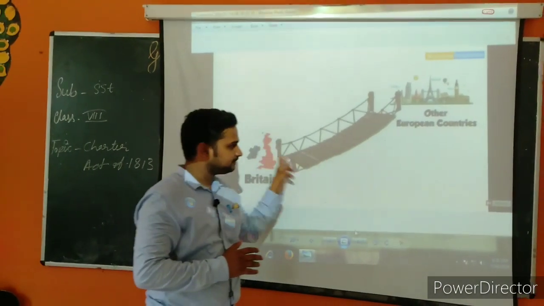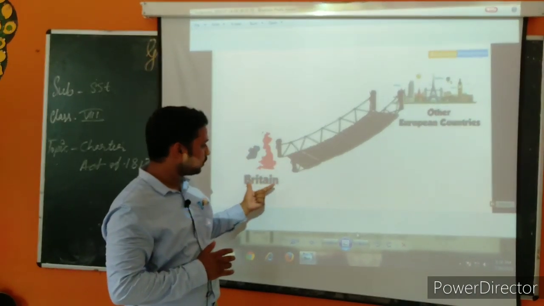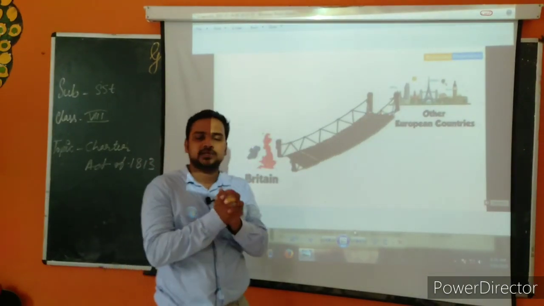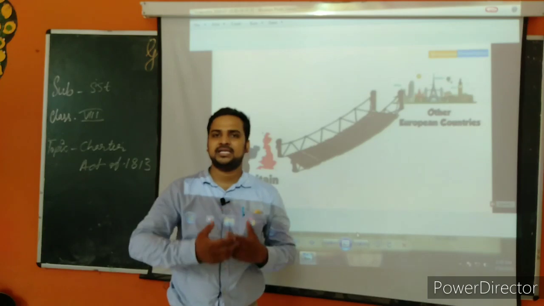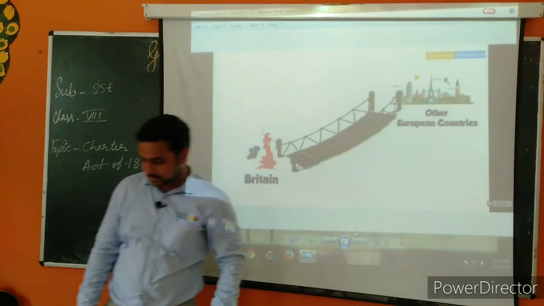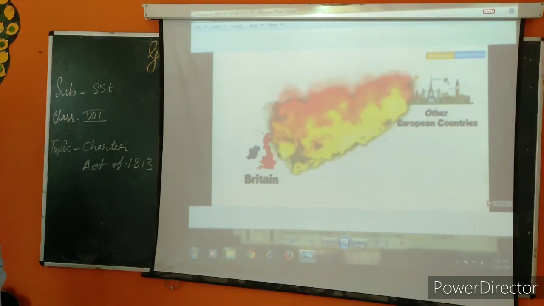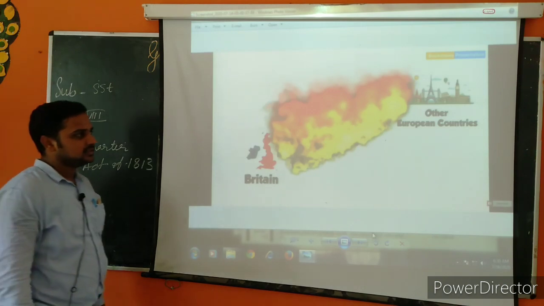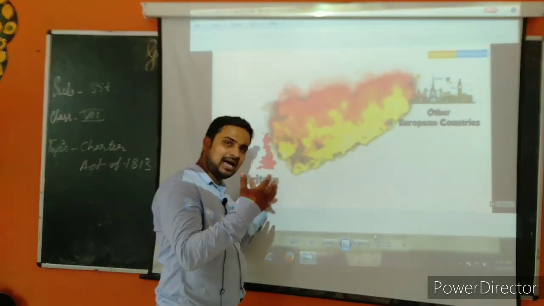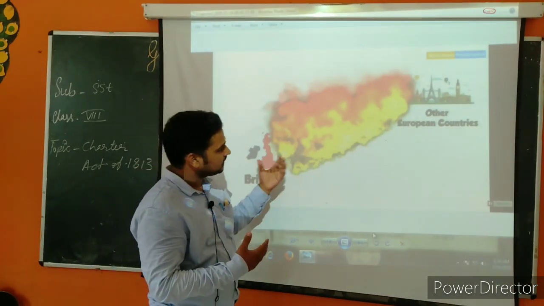And this was the pathway through which Britain was not allowing them to come and subjugate the trade and enjoy the trading system altogether. So Napoleon tried it very well, and what happened, this restriction was taken away.